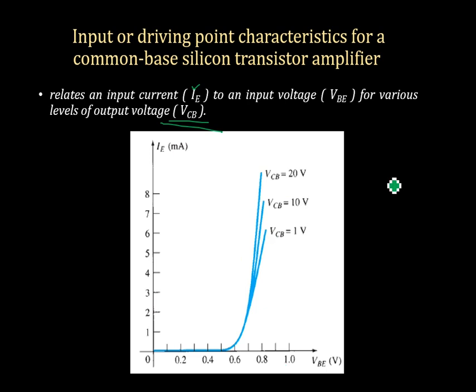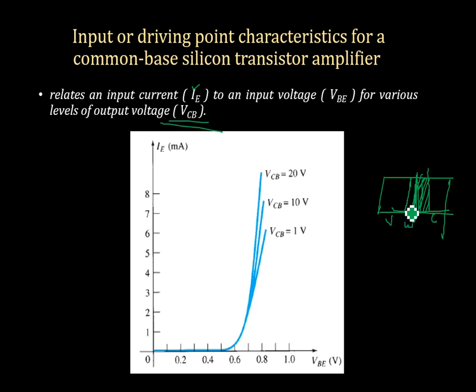Why is it so? See, for a transistor, if this is the emitter, this is the base, and this is the collector. So as the collector base reverse bias is increased, the width of this depletion region will increase further, or it will penetrate more into the base. If it is penetrating more into the base, what happens?